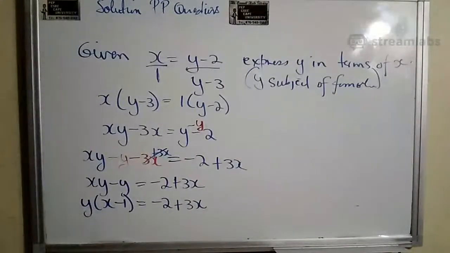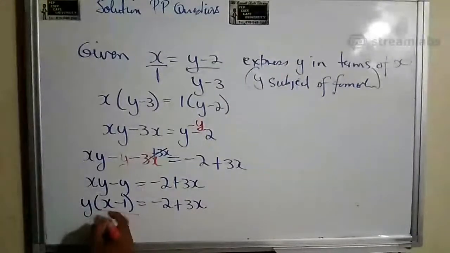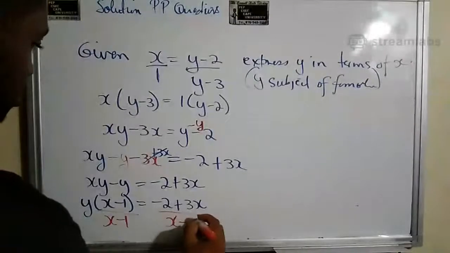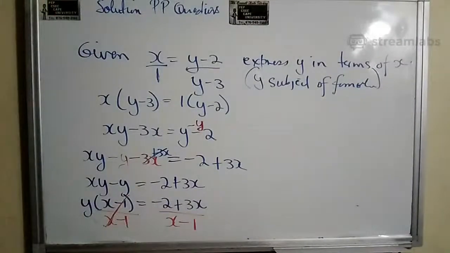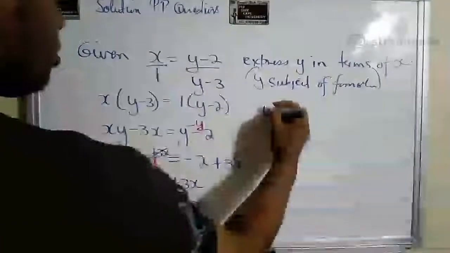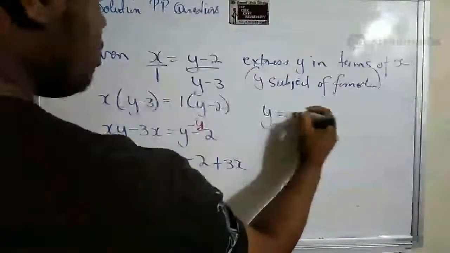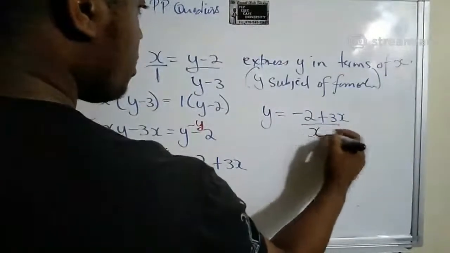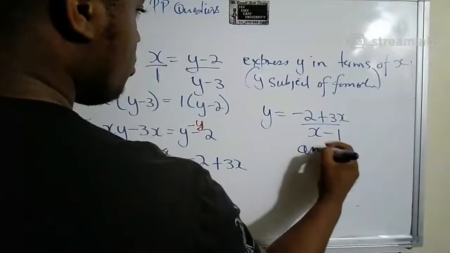What's the inverse of times? Correct. Divide. So we divide by all of this, so it's x minus 1. We do it to one side, we do it to both sides. So there we have it. y is equal to negative 2 plus 3x upon x minus 1, and that would be our answer.